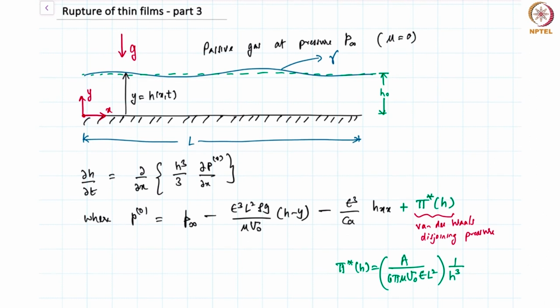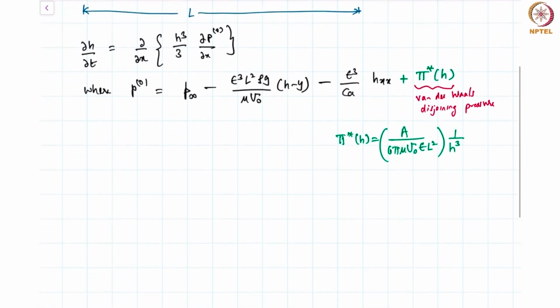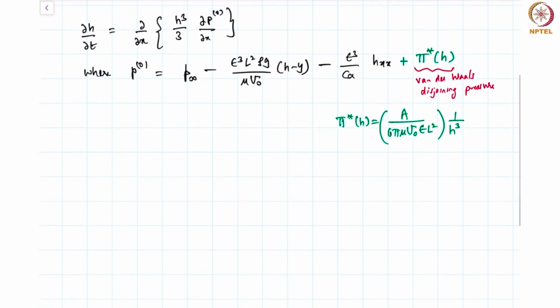The evolution equation of the thin film has already been derived in the previous lecture. I'll start with these two equations here. The first is basically the relationship between height and the pressure gradient, the horizontal pressure gradient. And the pressure itself has four parts to it. We will eliminate the horizontal length scale L because it is arbitrary, and we'll define everything in terms of the vertical length scale H naught.